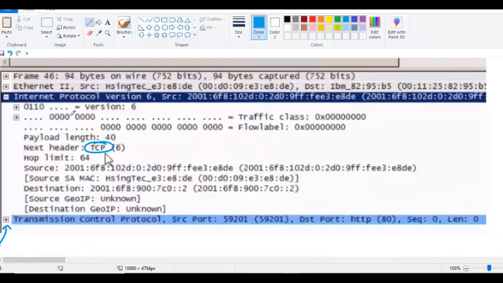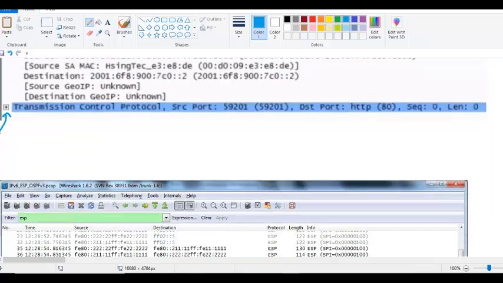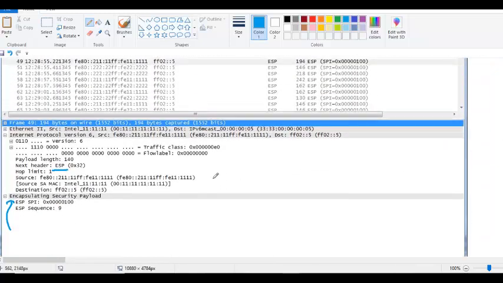You see, this is the layer 3 header. You see version, you see QoS, you see flow label, you see the payload length is 40, and the next header is TCP. Whereas on the other capture, you can see the payload is bigger than the previous one, and the protocol header is ESP.